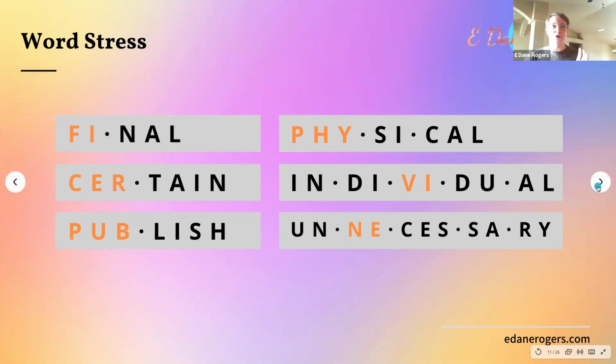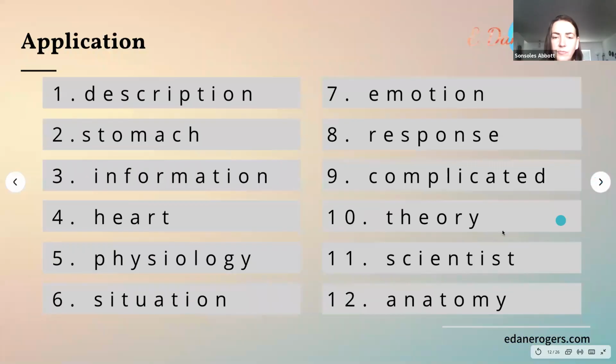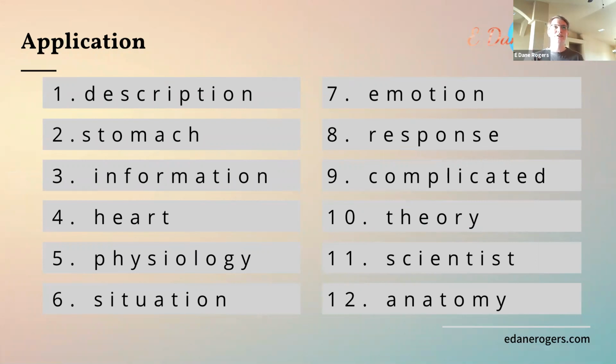This is almost purely based on the sound that you hear others using, because sometimes the stress vowel can change depending on whether it's a noun or a verb. So let's look at our word list again here and see if we can find the stressed syllable. So starting with description, where's the stressed syllable?